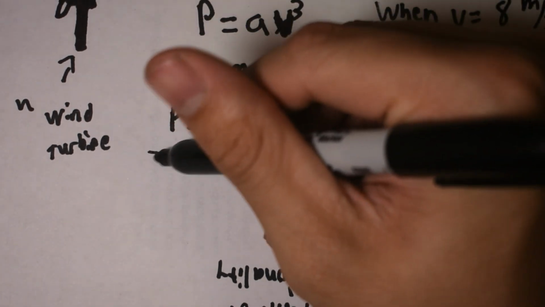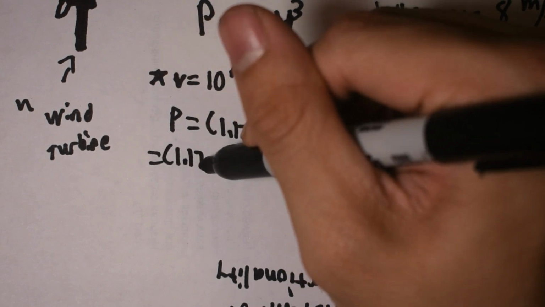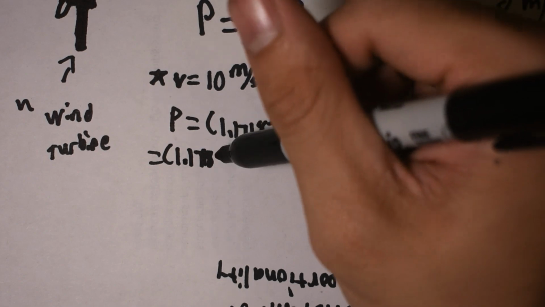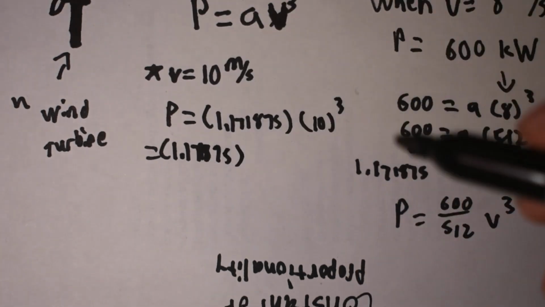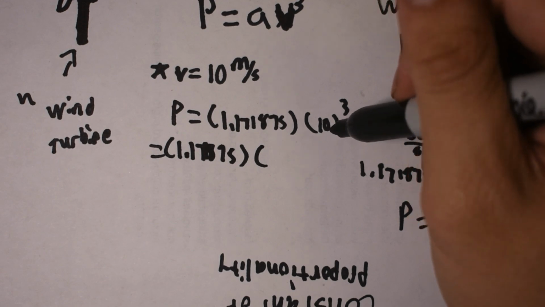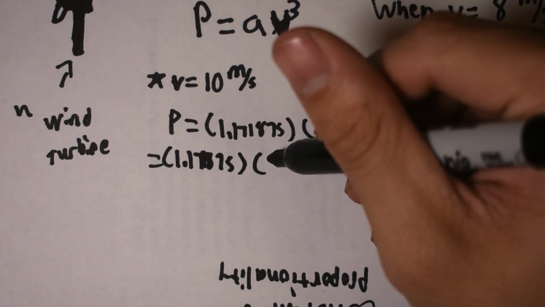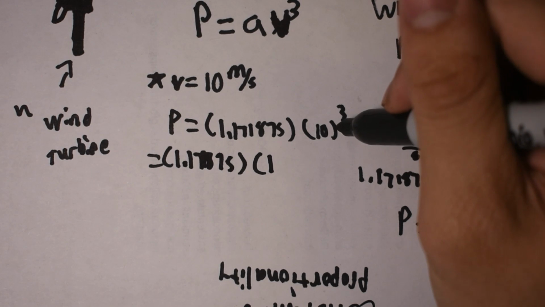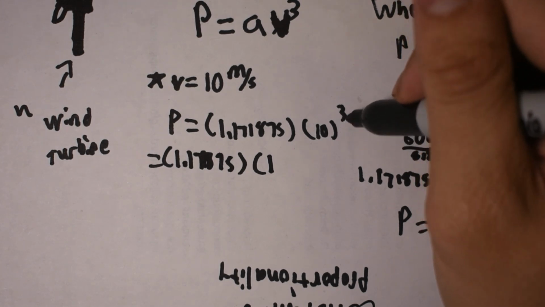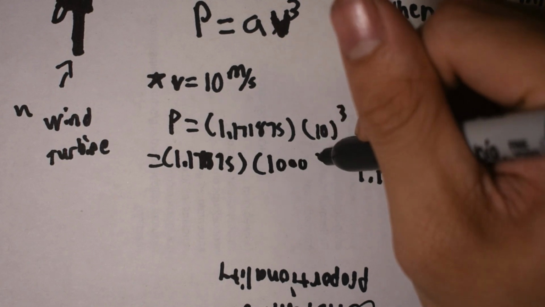So simplifying that down, we have 1.171875 times 10 to the third, which is a quick little trick. If you're raising 10 to a power, you can just write down 1, and the number of zeros would just be the exponent. So 3: 1, 2, 3.